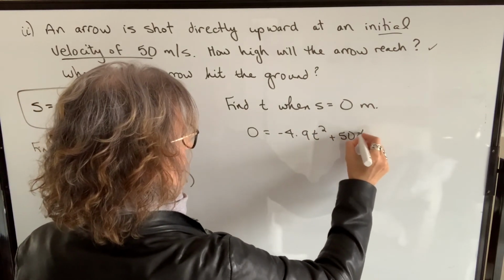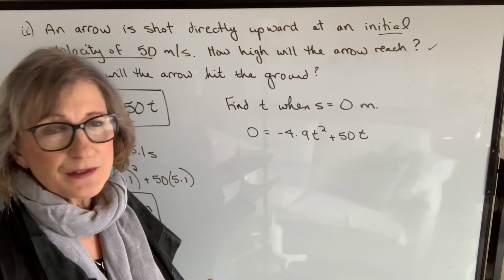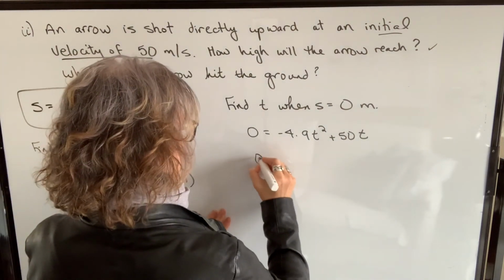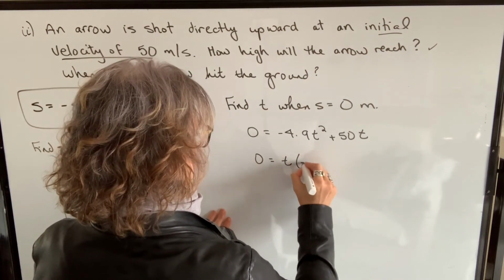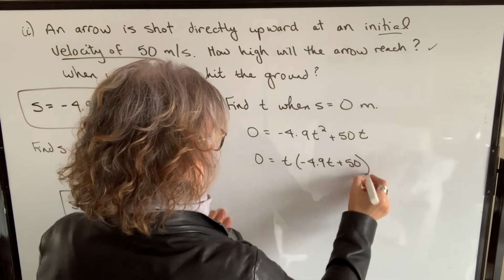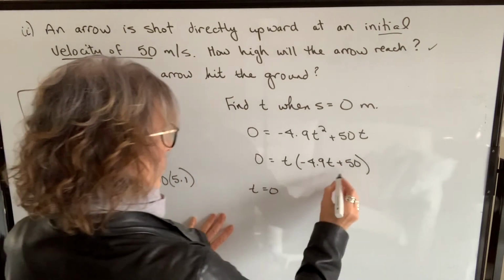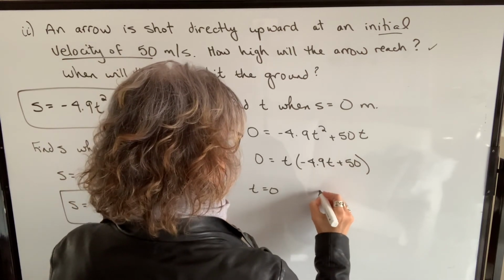This is a quadratic equation. We can solve it a variety of methods, but I think the easiest way to solve it is by factoring. We'll factor out a T. And our factor theorem tells us that we'll have a solution if T is equal to 0, or if this factor equals 0.